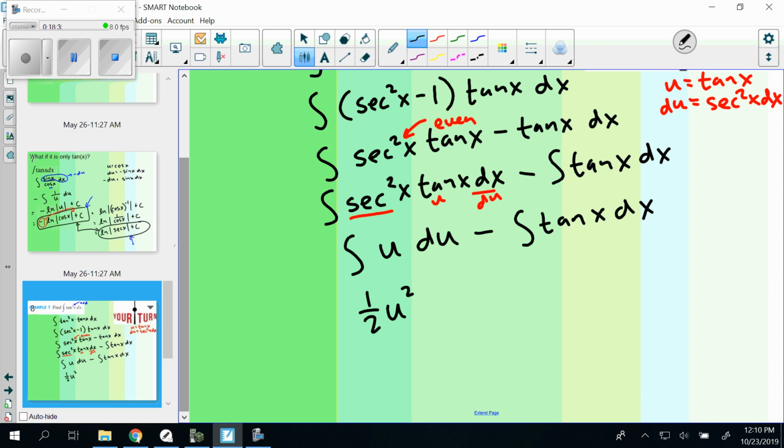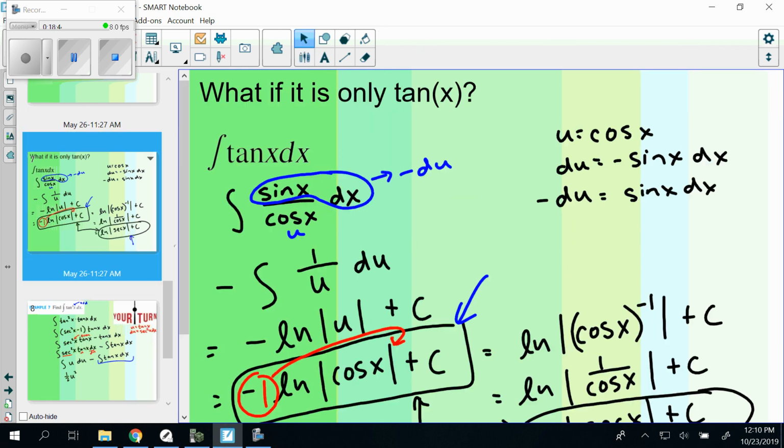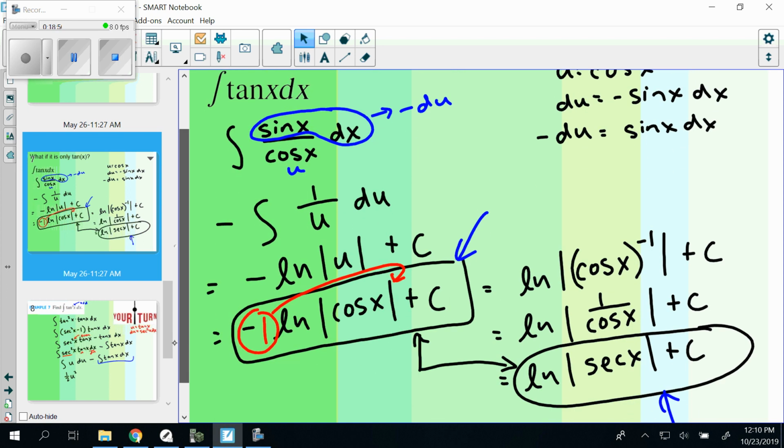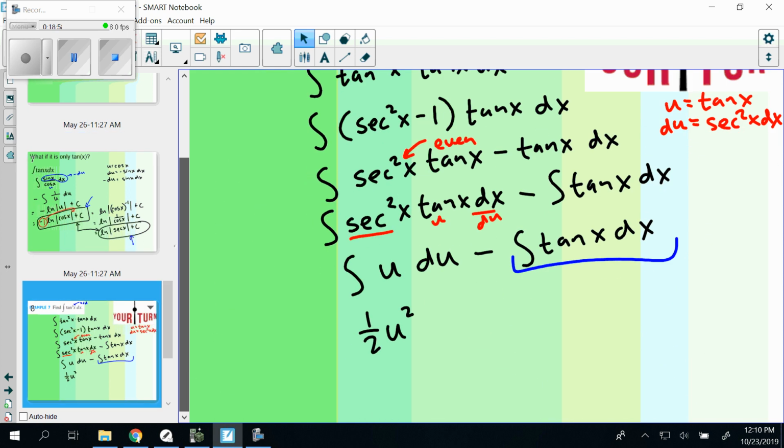How about this other one though? Well, this is just the problem we just had from the last slide, and we've done that one. We know that comes out to equal either negative natural log of cosine or natural log of secant plus c. So using what we just had, we should be able to finish this problem now.